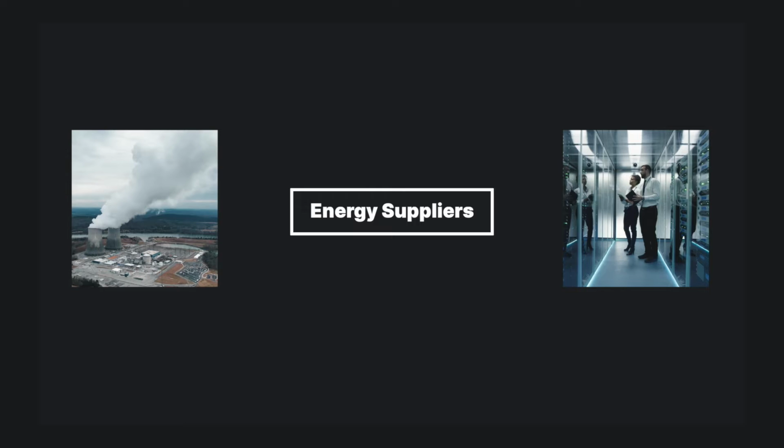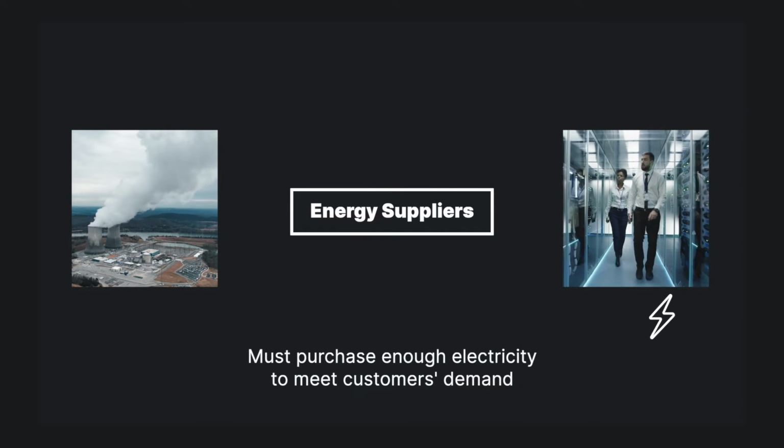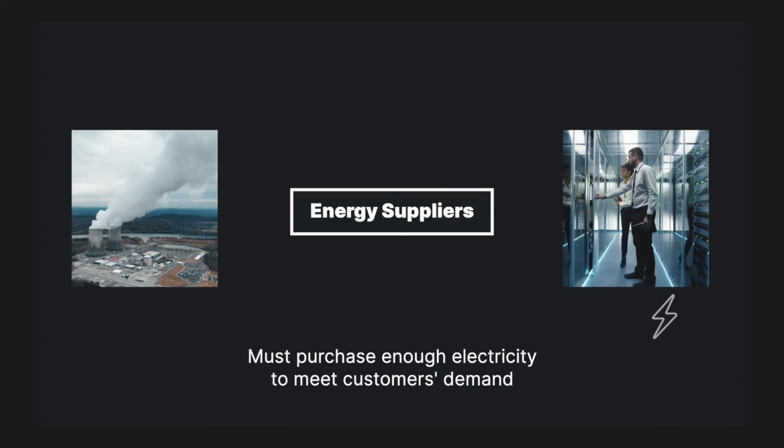So, where does demand come from? Well, anything or anyone that uses electricity. As I mentioned in the previous episode, energy suppliers have to purchase enough electricity to meet their customers' demands based on demand forecasts. But who's responsible for ensuring that supply and demand are balanced at all times?